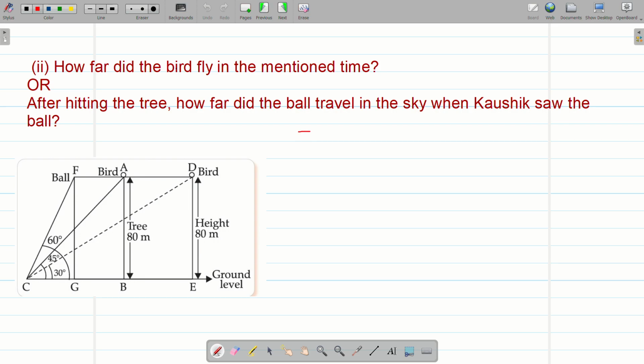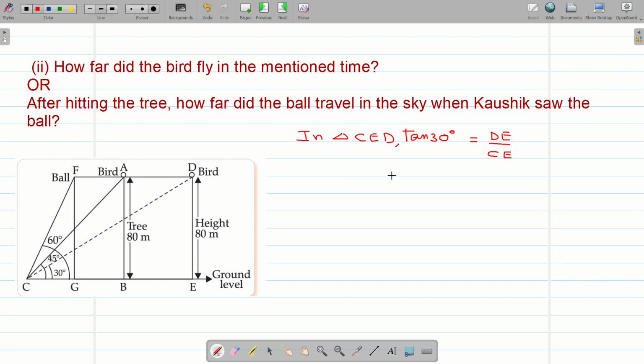In triangle CDE, tan 30 degrees is equal to DE upon CE.